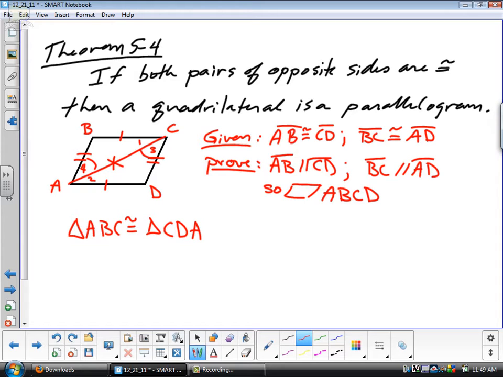Again, AB goes with CD. See how those are the sides with the 2 tick marks? So if I go ABC, I have to go CDA. That would mean, since the triangles are congruent, that angle 3 is congruent to angle 4, and angle 1 is congruent to angle 2.